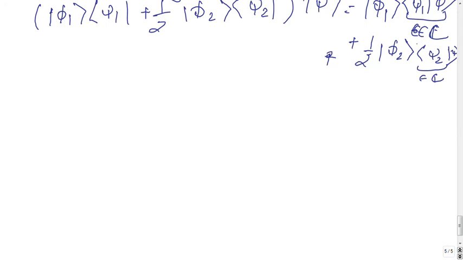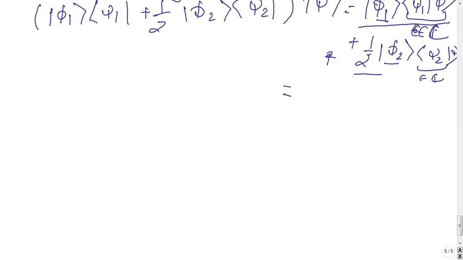So this gives us a new vector formed by these two vectors, some scalar times these two vectors phi 1 and phi 2. This is how we get an output vector.